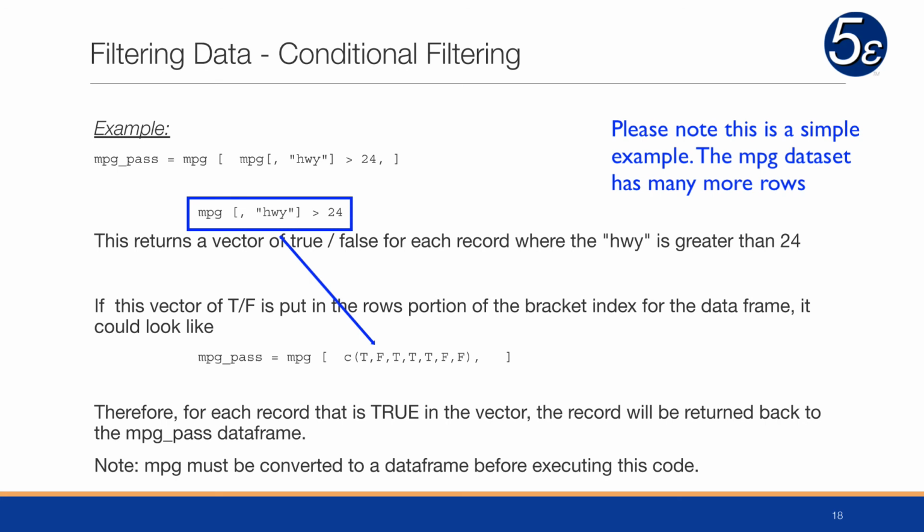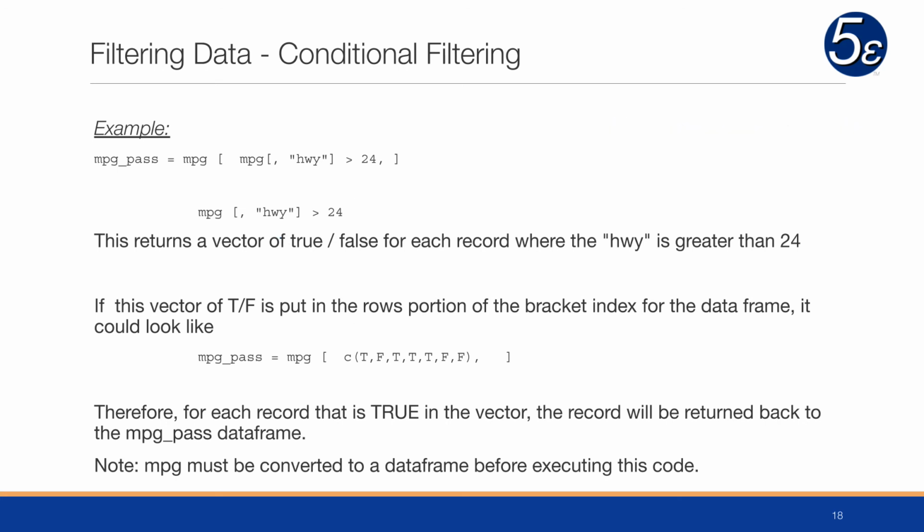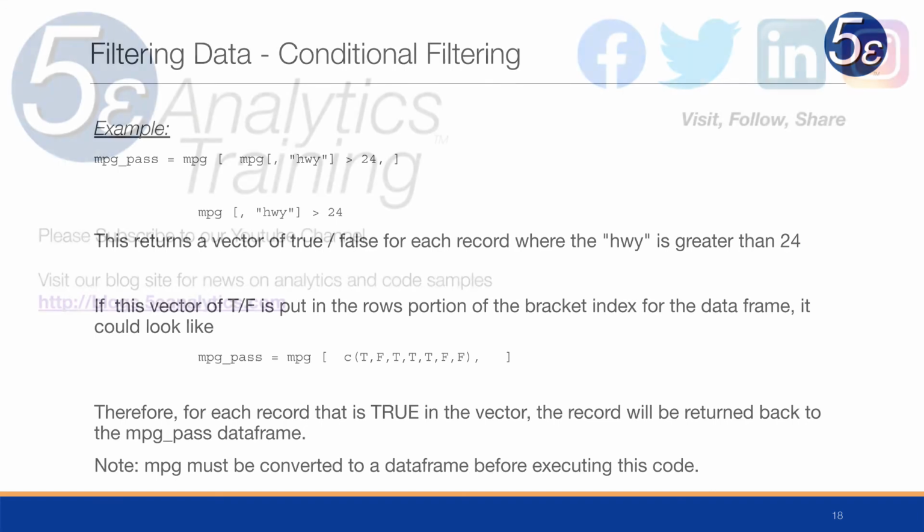MPG, bracket, C, and then TRUE, FALSE, TRUE, TRUE, FALSE, FALSE as part of the rows. Therefore, for each record that is true in the vector, the record will be returned back to the MPG_pass data frame. Note that when you're using MPG, it comes in as a tibble, and so you must convert it to a data frame before executing this code.